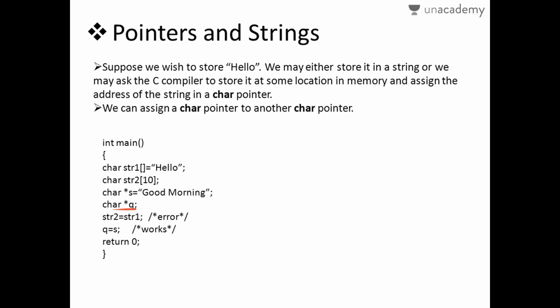If I have to copy string1 to string2, that cannot happen because both of them are not pointers or of the same length. Since this cannot be done, I have to use a pointer. Since I use two pointers here, s and q, I'm simply assigning q to s. This is how it works, and the output can be hello as we desired.